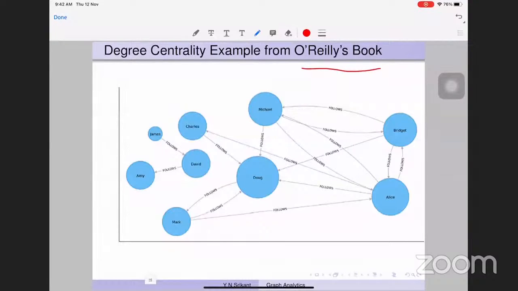So here is a very small extract from a Twitter graph. And this software called Neo4j also tells you how to visualize graphs. So after applying what is known as the degree centrality algorithm, a graph is shown, visualized in this fashion.